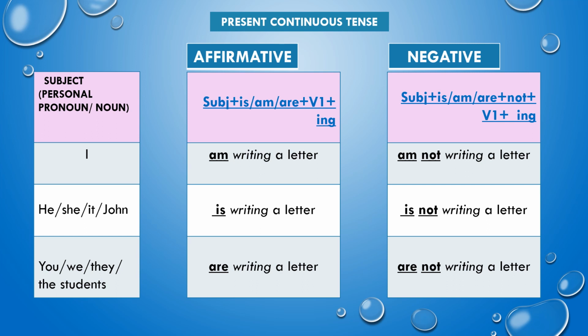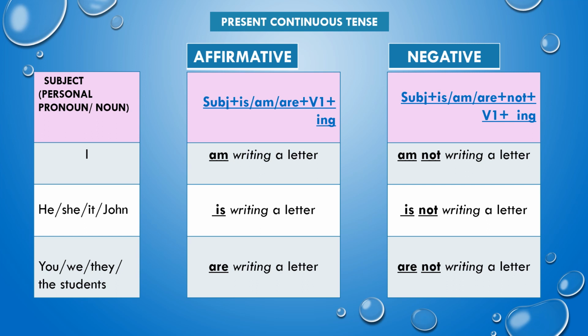And in the last column, we shall see the negative form, that is subject plus is, am, are plus the word not. In any negative form, we have to add the word not in between the verb and the is, am, are. Alright? So, if we cross-look at the subject and the negative form, we shall see how the sentence is formed, which is I am not writing a letter.